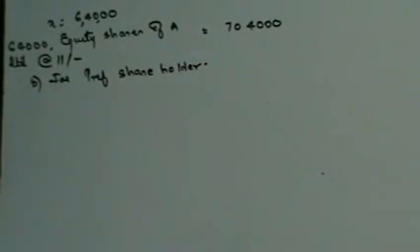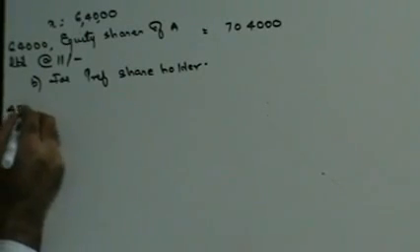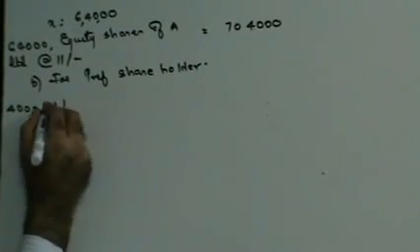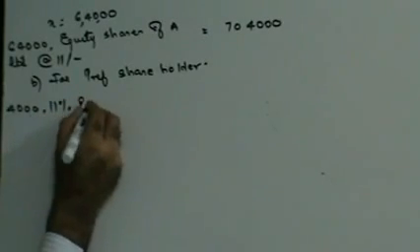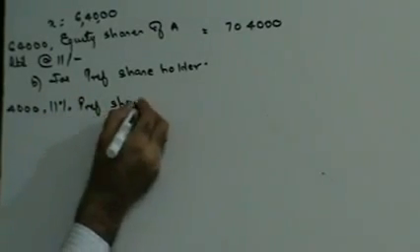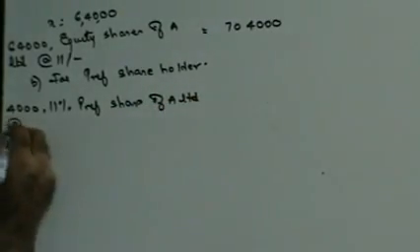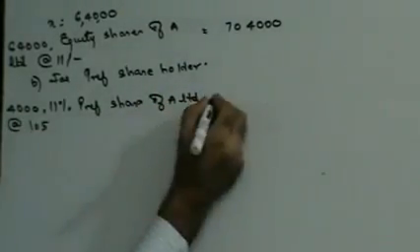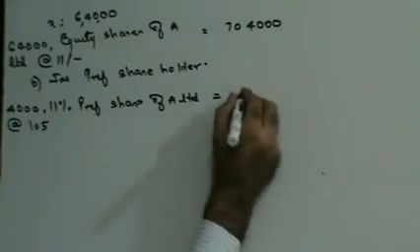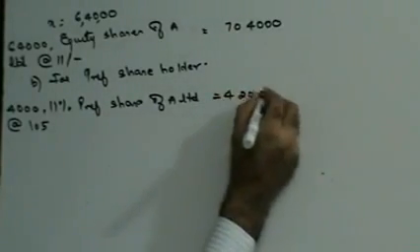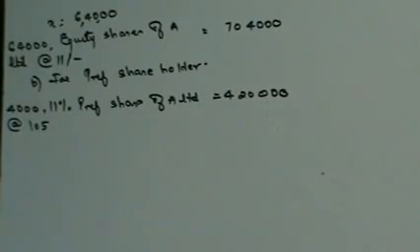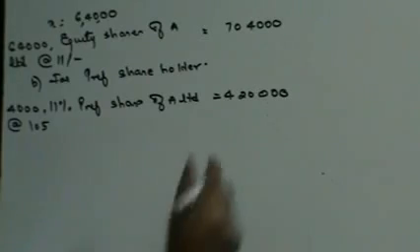Now at the moment, there are 4,000, so they will get 4,000 11% preference shares of A Limited at 105. Someone please calculate this. This is 4 lakh 20,000. Someone cross check that, guys, please. 4,000 into 105.